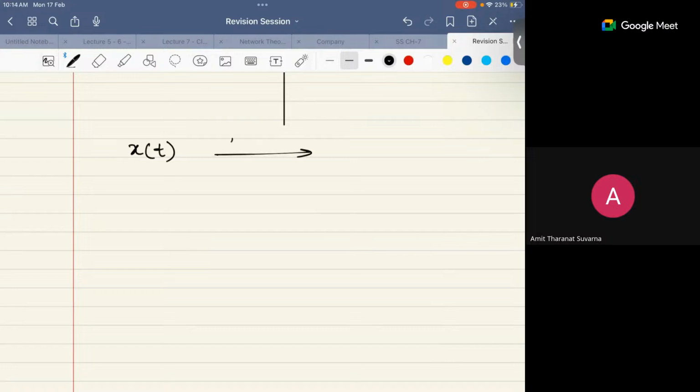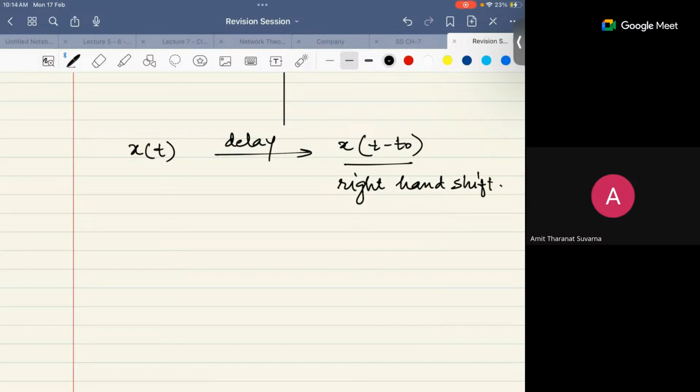Delaying a signal, you already know, means t minus t naught. So this signal is delayed by t naught units, or you call it a right-hand shift. In the question, it will be like the given signal x(t) has been delayed by t naught units. So you must be knowing what you have to do.